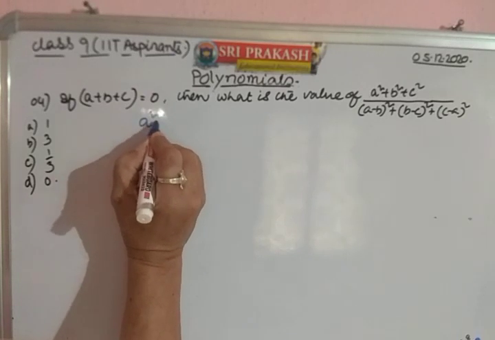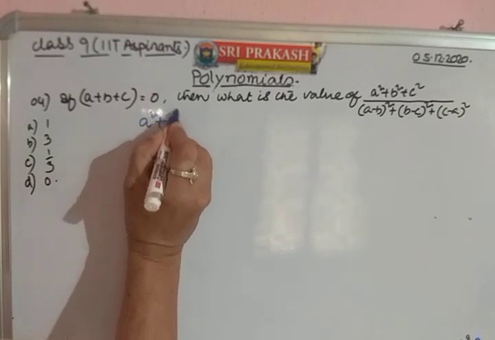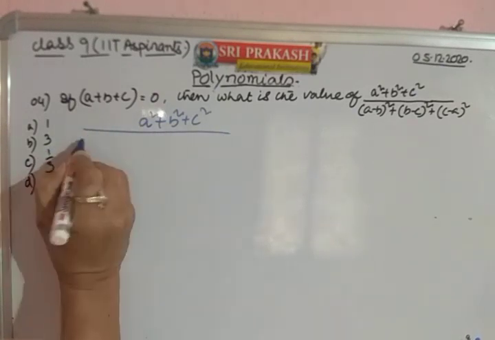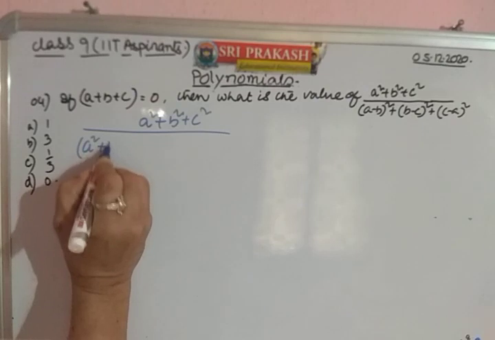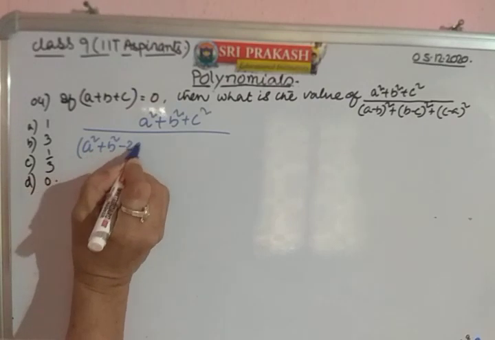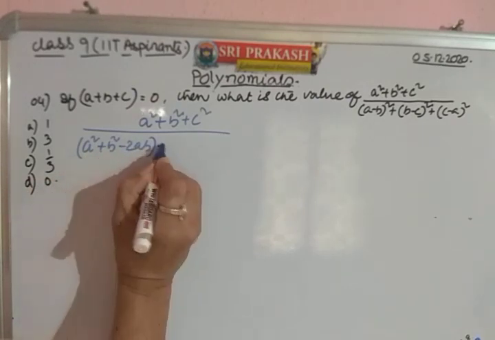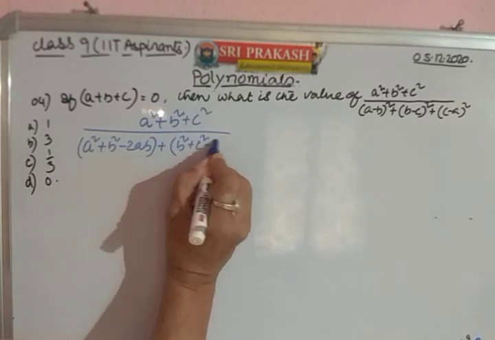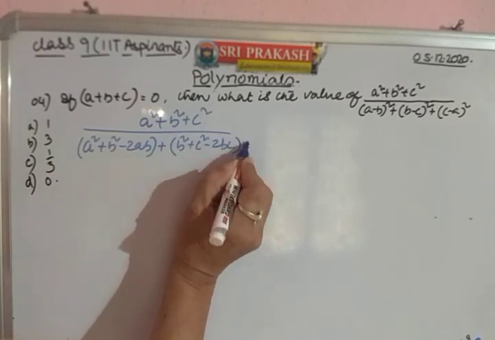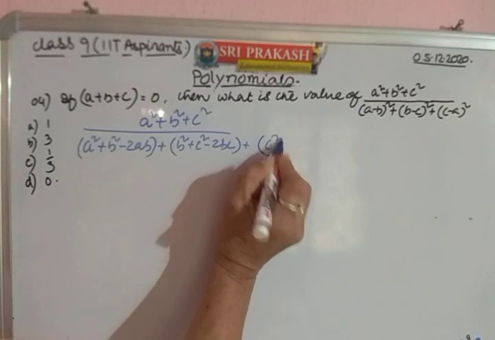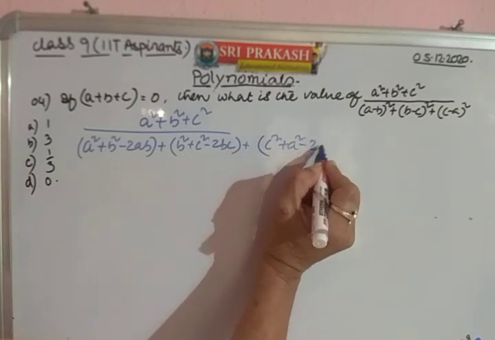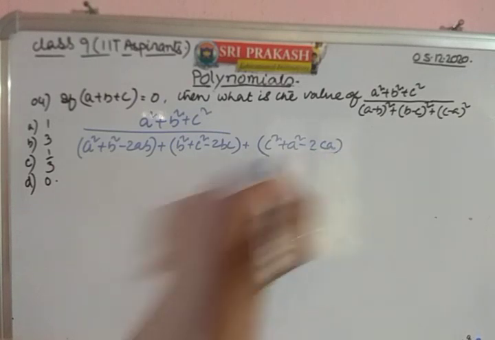So, a square plus b square plus c square by a square plus b square minus 2ab plus b square plus c square minus 2bc plus c square plus a square minus 2ca.